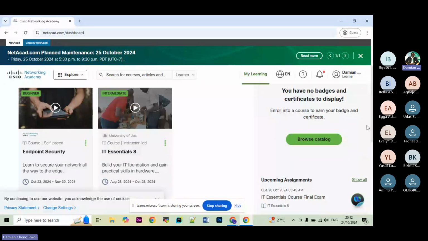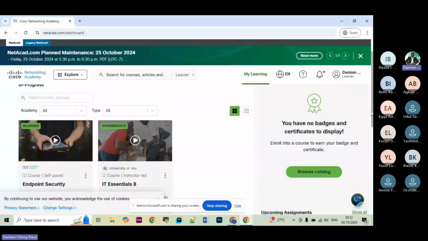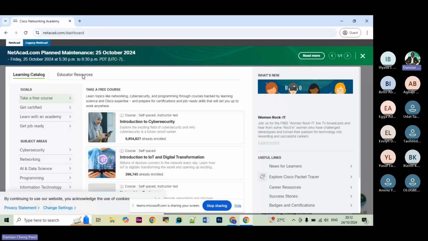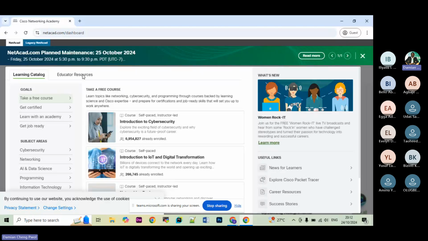If you look at the top, within this area, you have the Cisco logo. You have the Explore. Explore is just for you to explore the courses being offered by Cisco NetAcad, and you can also get some resources.